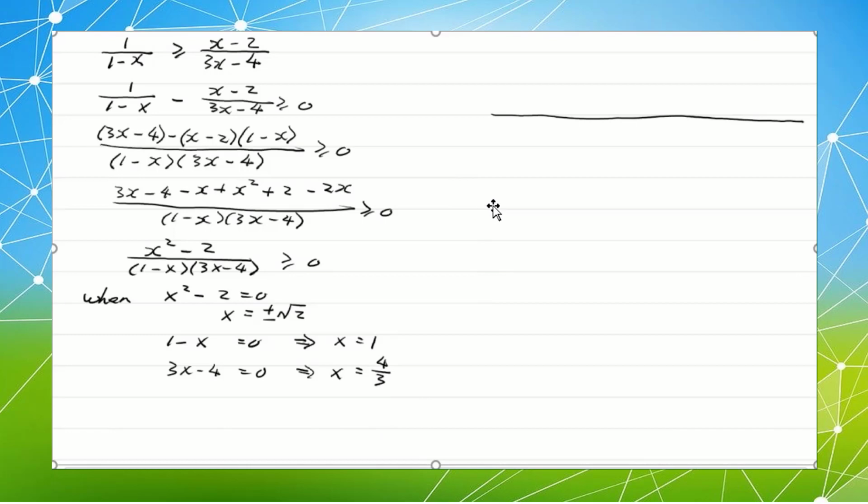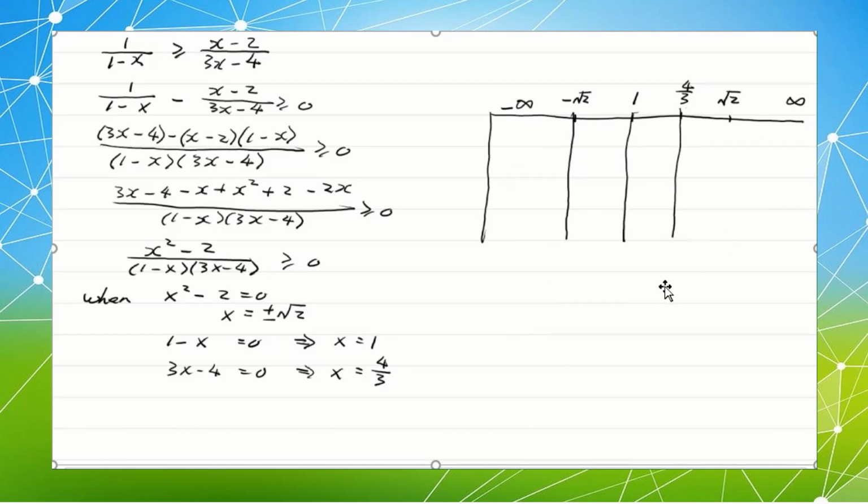So we start from the smallest value, that is negative square root of 2, followed by positive 1, followed by 4 over 3, then positive square root of 2, then positive infinity. So now this number line has already been divided into 1, 2, 3, 4, 5 regions.